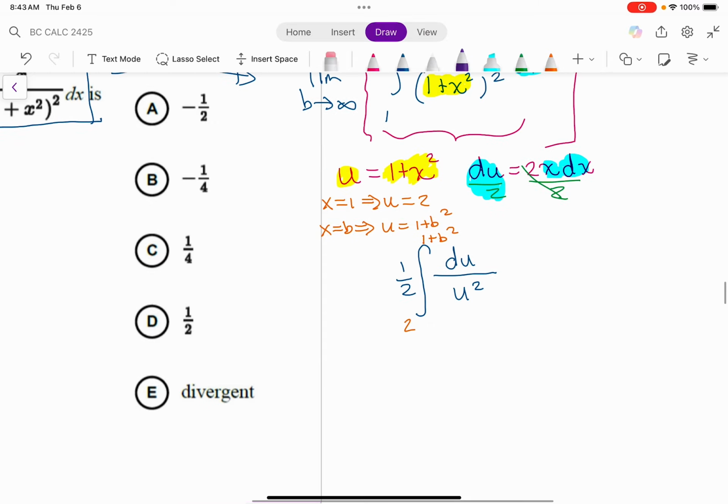Okay, we keep going. We want to think of this as u to the negative 2 to do an antiderivative. So I get 1/2 times the antiderivative, which is negative u to the negative 1. You can check that. Evaluated from 2 to 1 plus b squared.